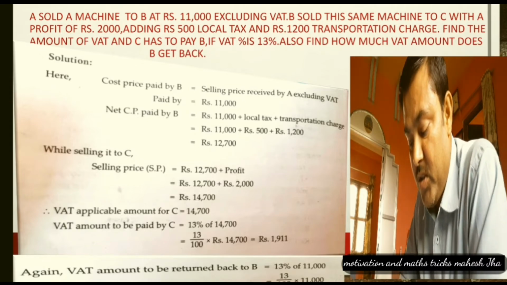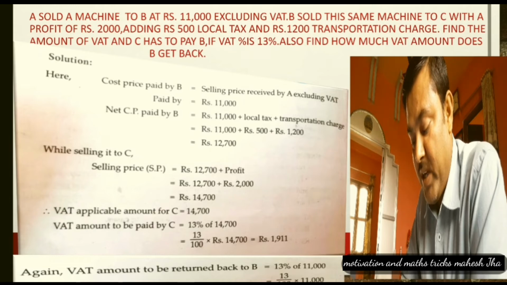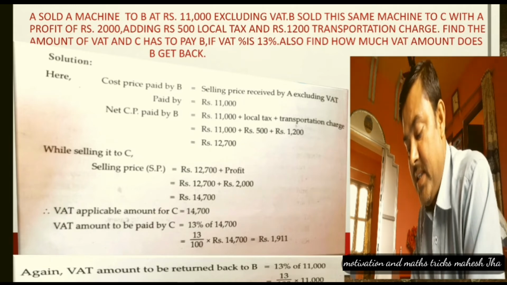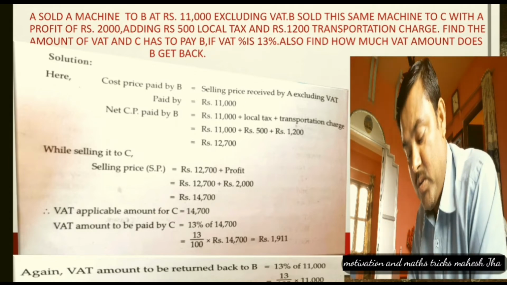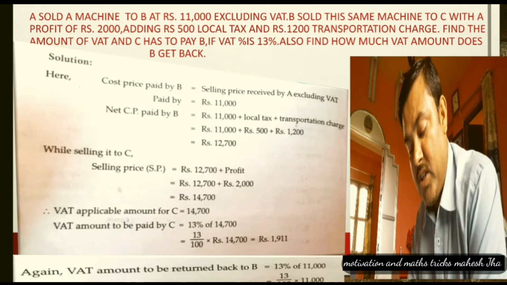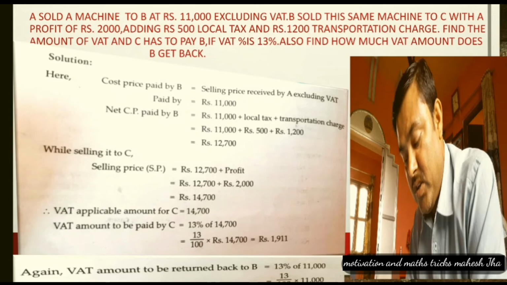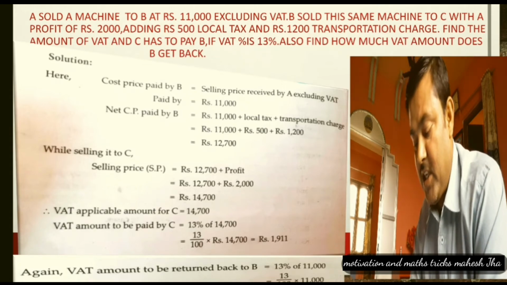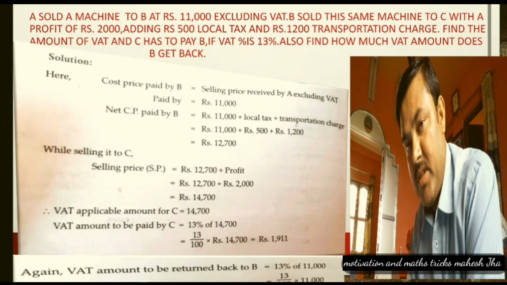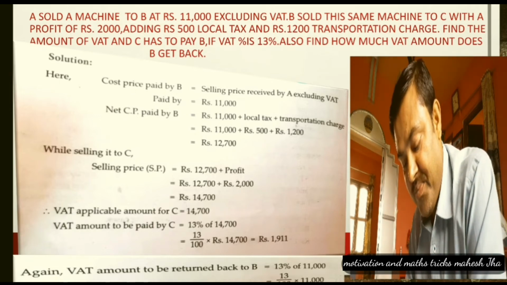Now the solution, cost price paid by B. First of all, we have to calculate the selling price received by A excluding VAT, which equals rupees 11,000. Now net cost price paid by B equals 11,000 plus local tax plus transportation charge, that gives 12,700.